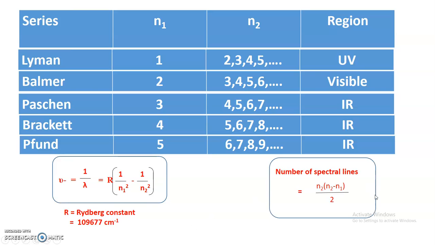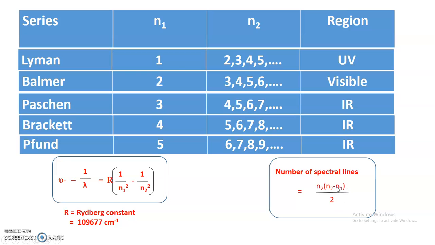The number of spectral lines in the line spectra of hydrogen is calculated by using the equation: number of spectral lines equals n2 into n2 minus n1 upon 2.